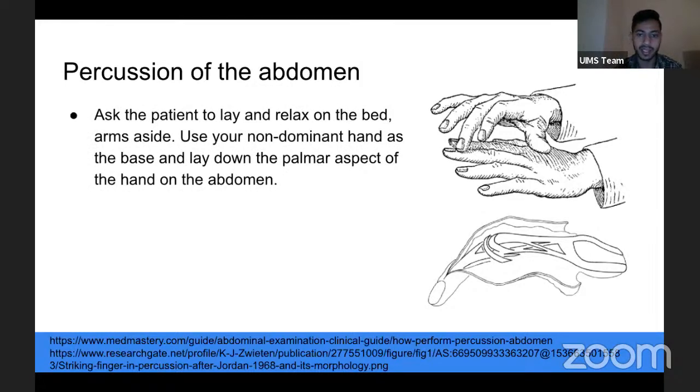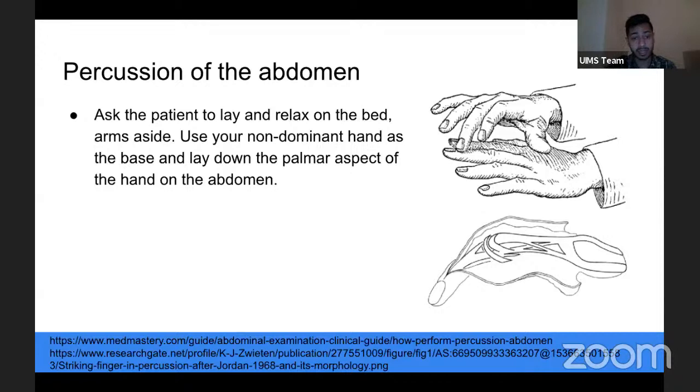We ask the patient to lie and relax on the bed, once again with their arms aside, and using our non-dominant hand as the base, as you can quite nicely see on the image here, and using our dominant hand, we tap on the dorsum of the middle finger, twice usually, and then we assess for any dullness, or if there's any shifting dullness as well.